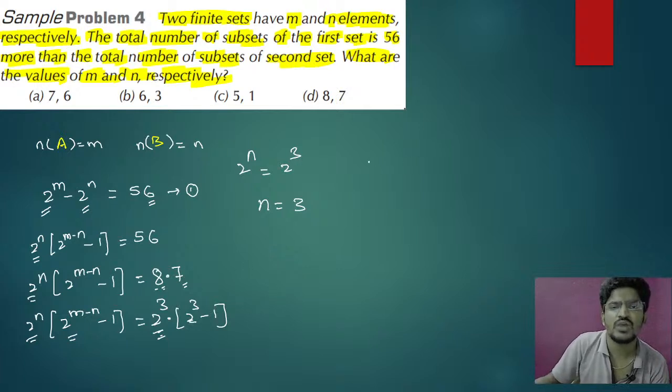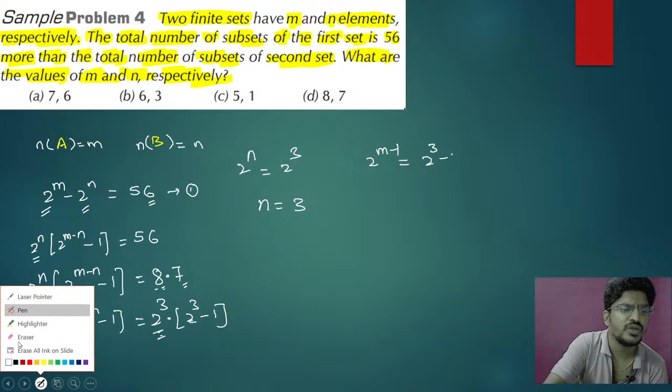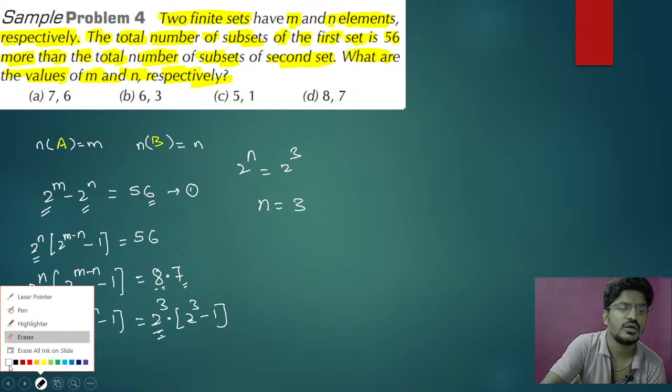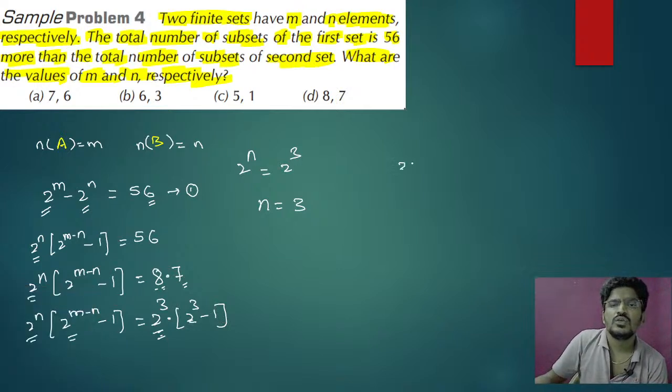In the same way you compare one more term, the second term: 2 to the power of m minus n minus 1 equal to 2 to the power of 3 minus 1.